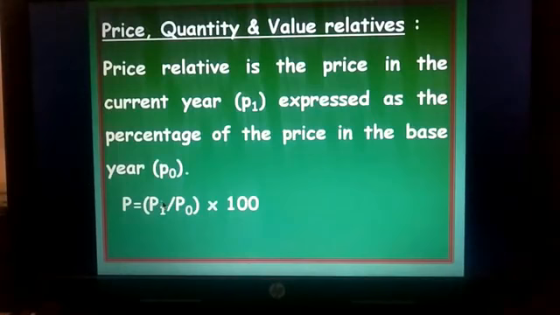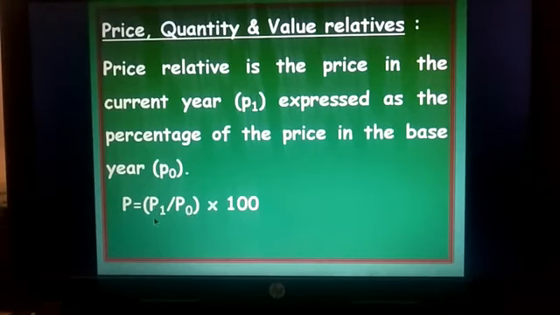In the last class we have come across P and then as a subscript 01 if we write, what will it be interpreted? Price index number in the current year as compared to base year. Fine. So now this P or P01 is equal to P1 divided by P0 multiplied by 100.